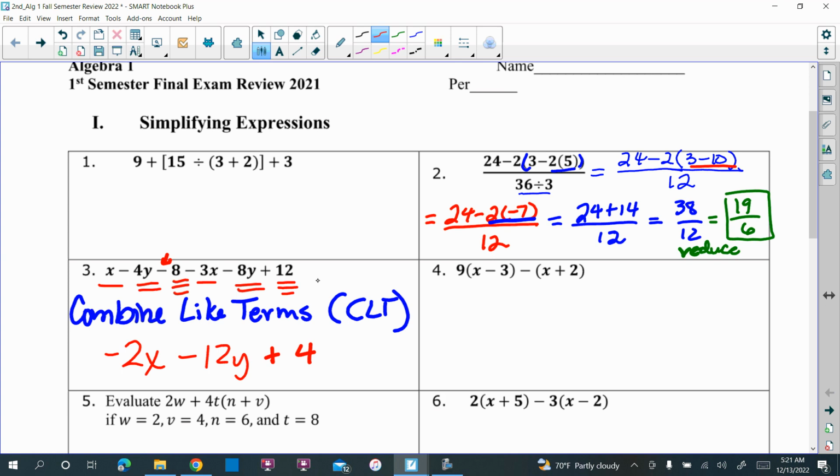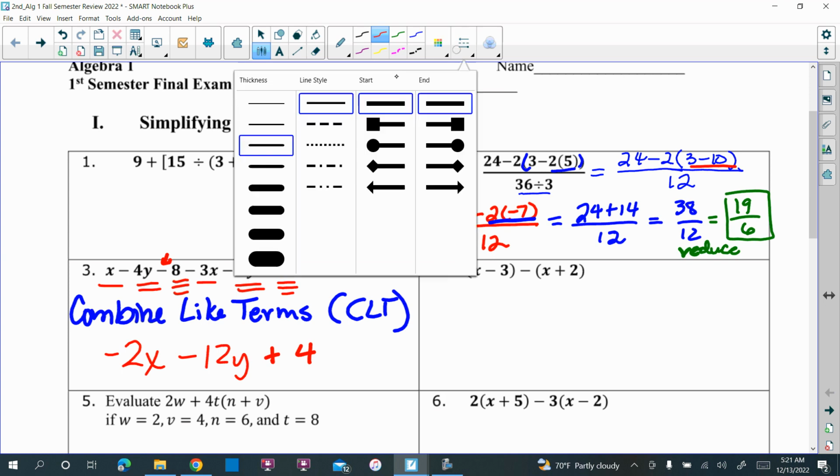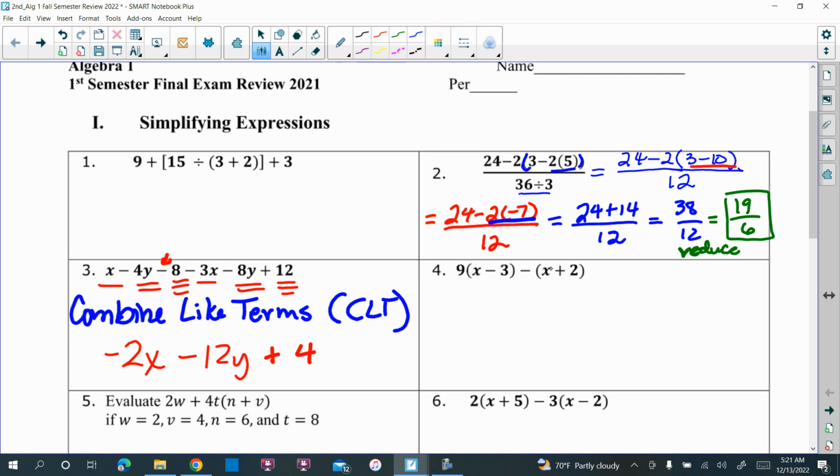Again, on number 4, don't forget that if we see parentheses, it's showing a grouping, and it's also showing a distributive property. You have a number in front, and if you don't see that number, it's like an invisible one. So we need to distribute the 9 for the first group and the negative 1 for the second group.